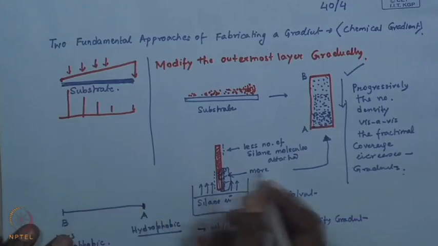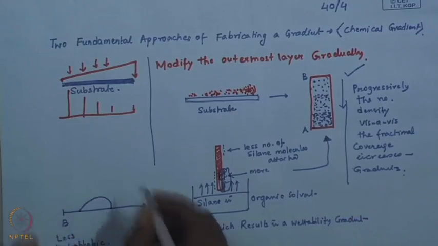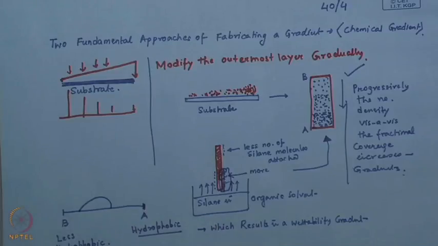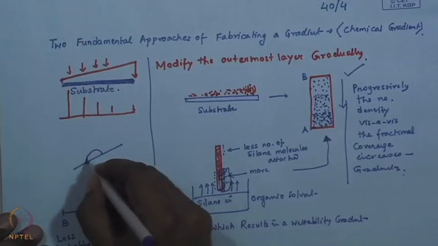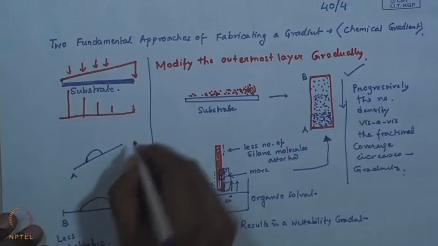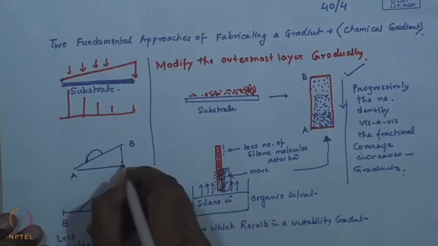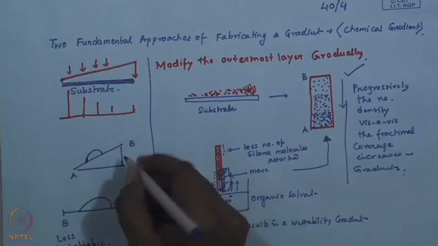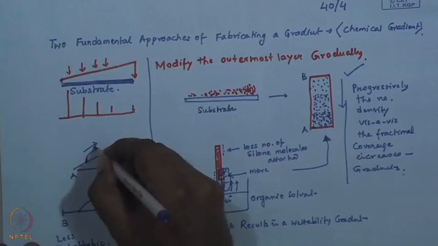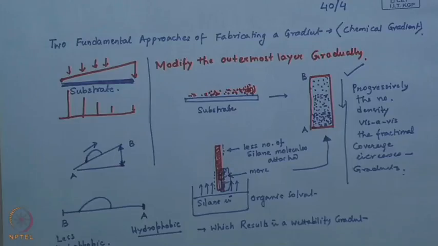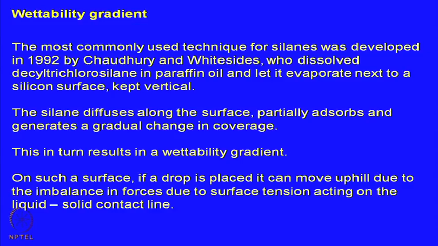And there was a famous experiment they performed, where you place a drop of water on this type of surface, kept on an inclined plane from the hydrophobic end. So, A end was here and B end was here. Ideally gravity will always pull the drop downward, but here they could show, in the very famous Chaudhury and Whitesides paper which appeared in 1992 in Science, that the droplet actually moved upward, and this upward movement was due to the imbalance in the forces due to surface tension acting on the liquid contact line.